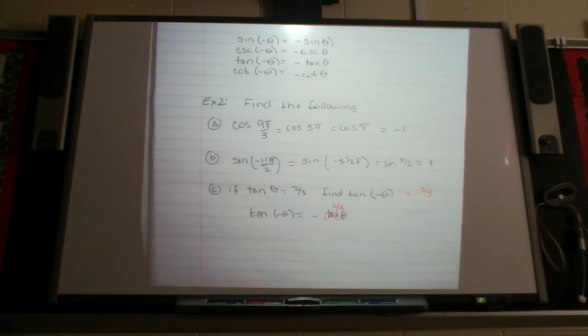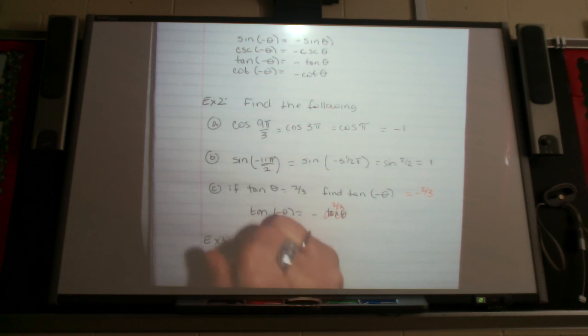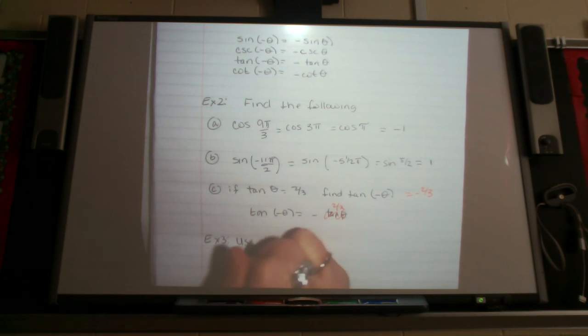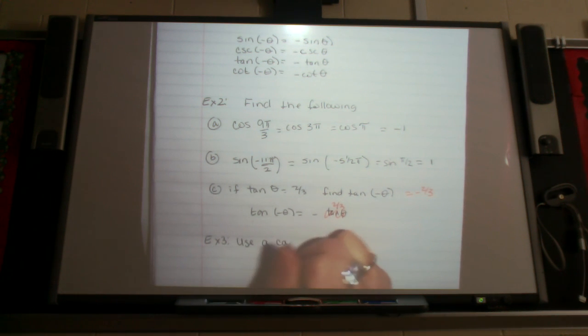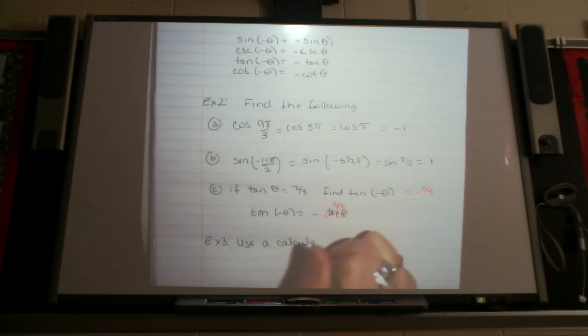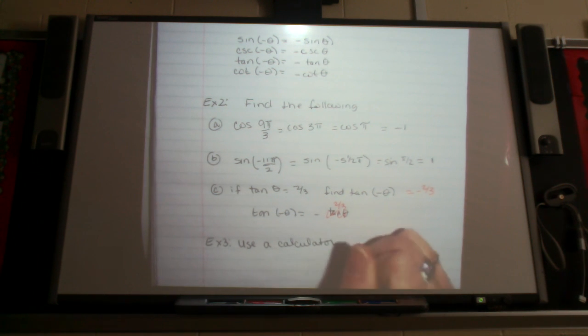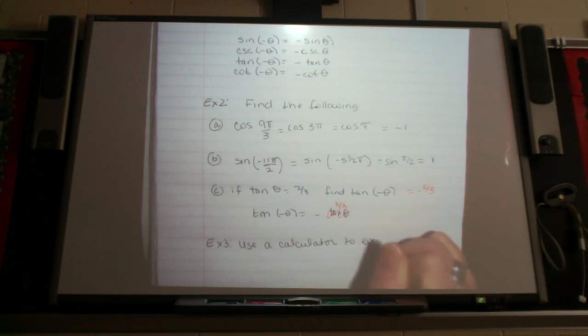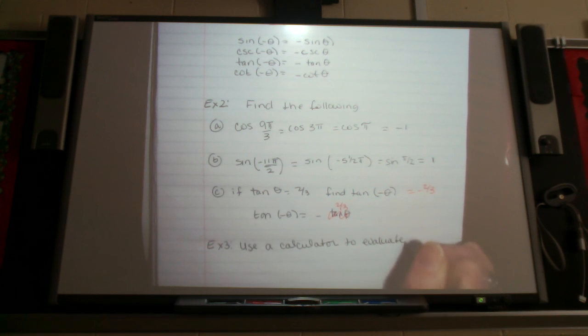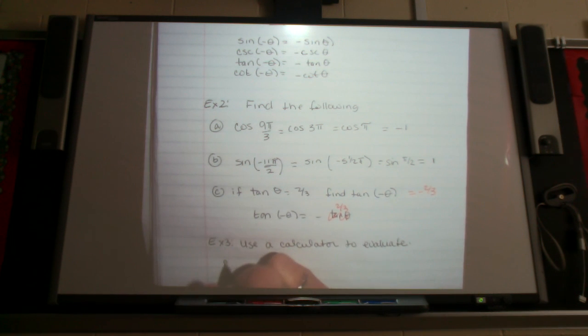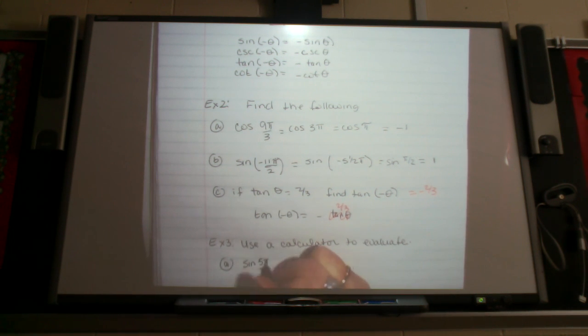And then the last example, example 3: use a calculator to evaluate sine of 5 pi over 7 and cosecant of negative 2.